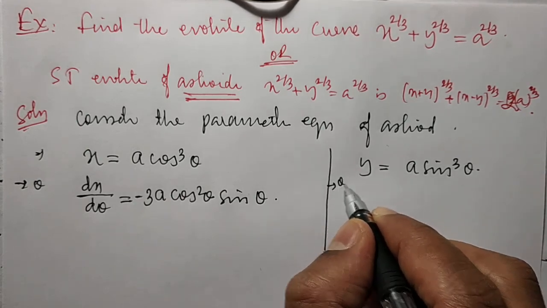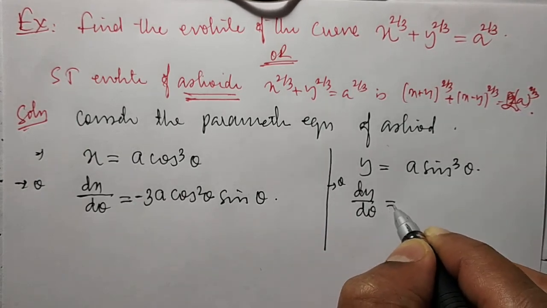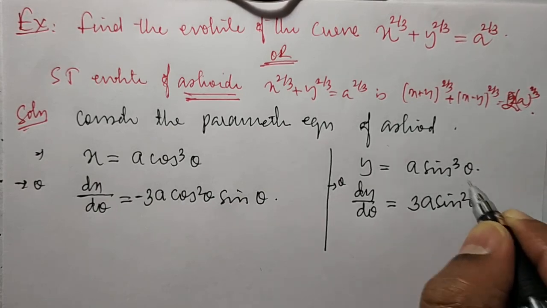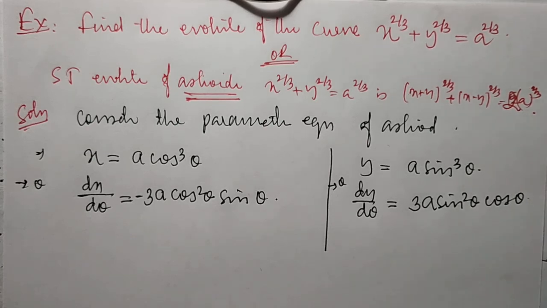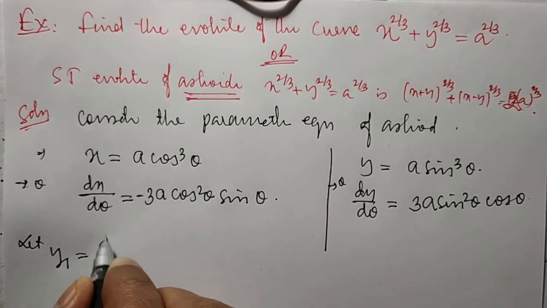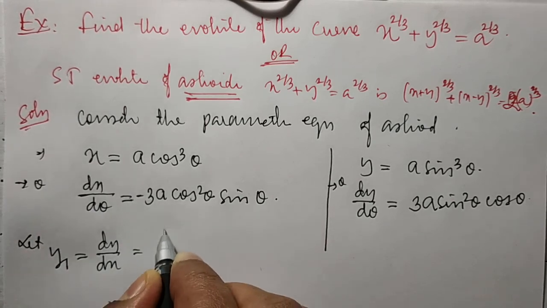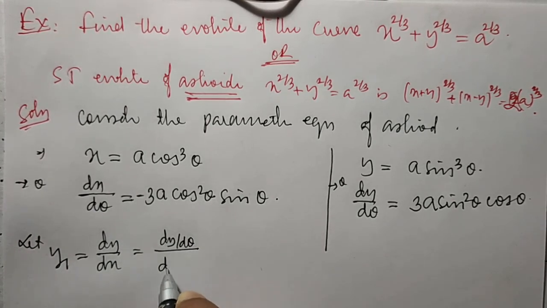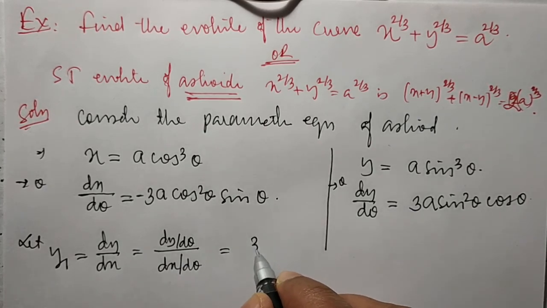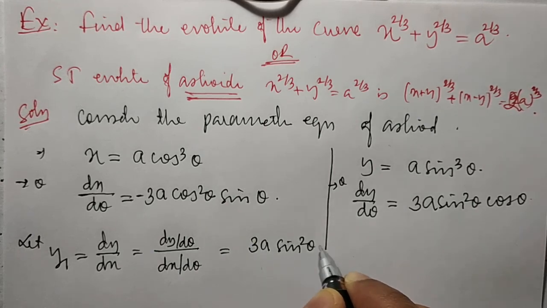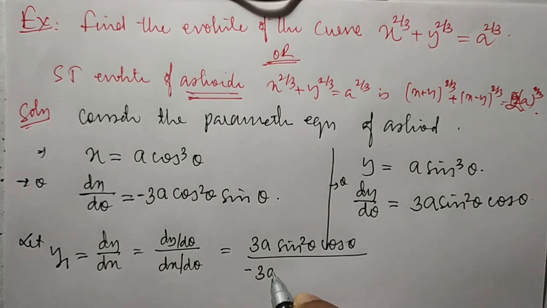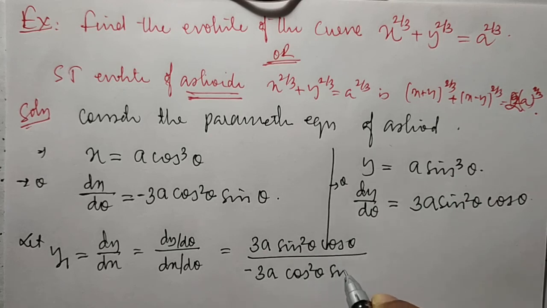Similarly, differentiating this with respect to theta gives dy by d theta, that is equal to a, differentiation of sine cube is 3 times sine square theta, and differentiation of sine theta is cos theta. Therefore, let us consider y1, which is dy by dx, which is dy by d theta divided by dx by d theta. dy by d theta is 3a sine square theta cos theta, divided by dx by d theta, minus 3a cos square theta sine theta.